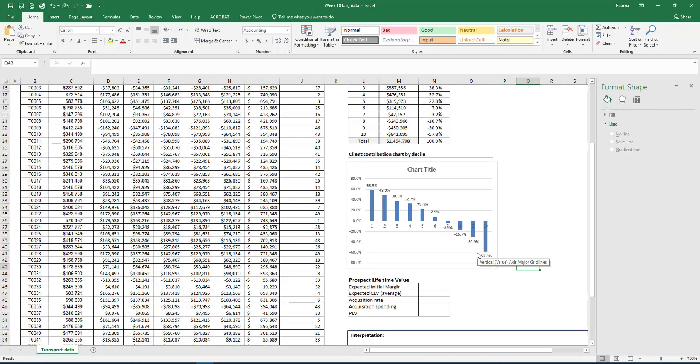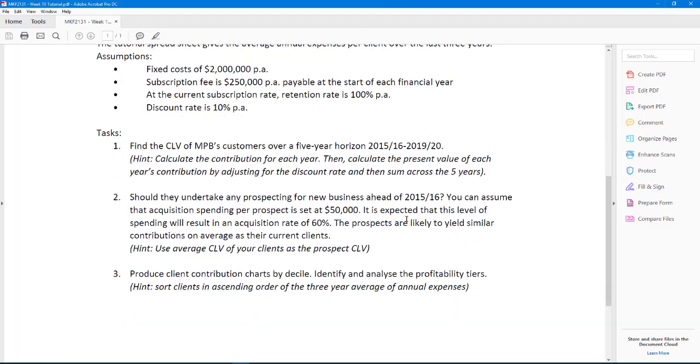Let's go back to the case and see the second question. The second question is asking whether the company should undertake any prospecting for new business or new clients.